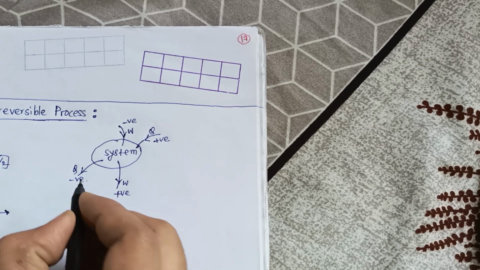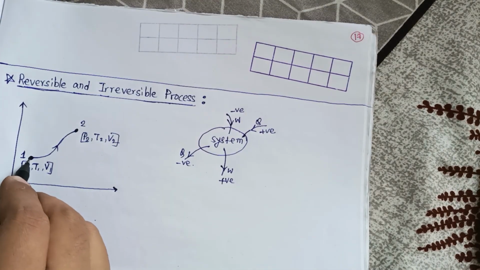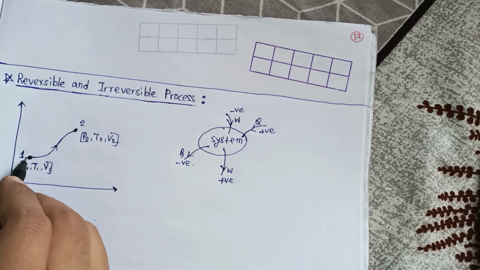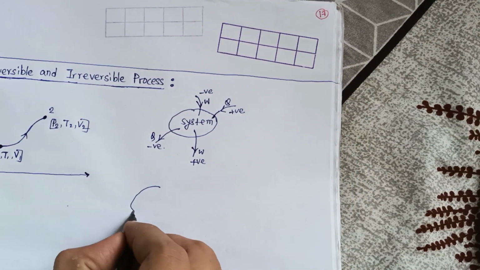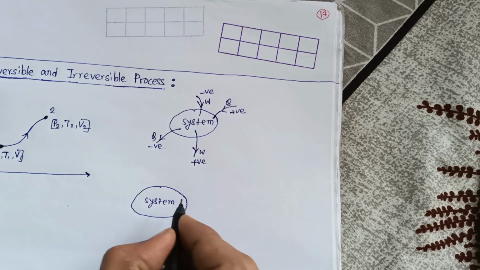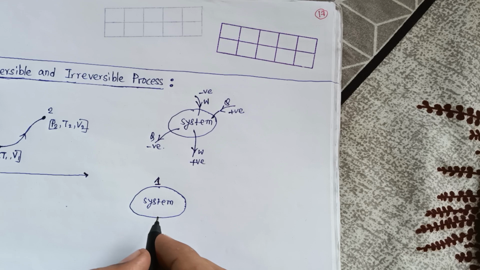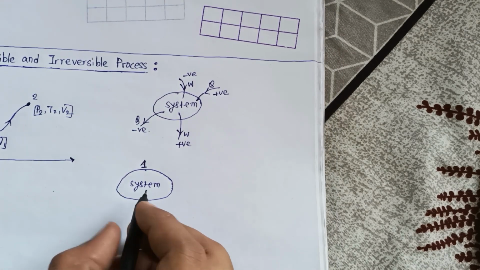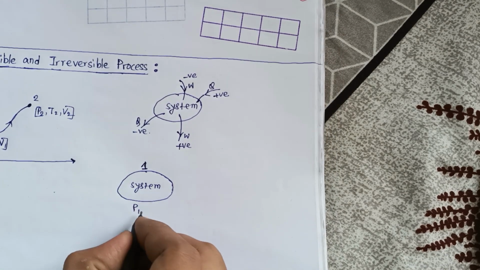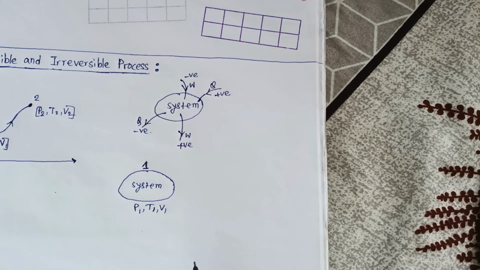Remember that this is state 1. Suppose this is our system. State means any condition of the system, and here the pressure is P1, temperature T1 and volume V1.